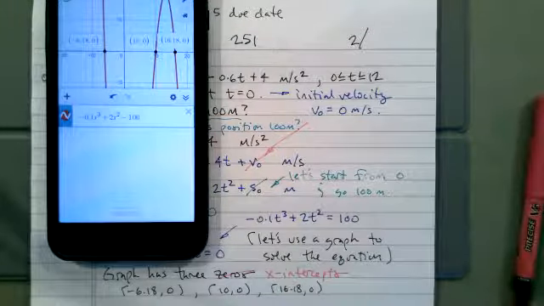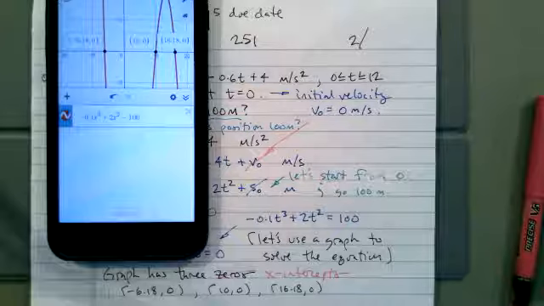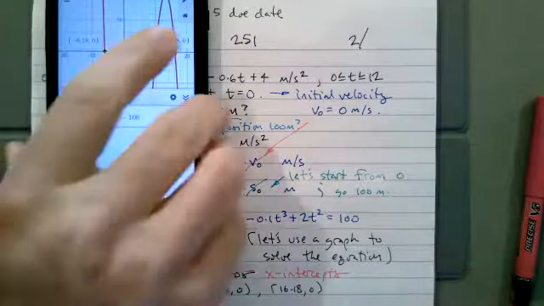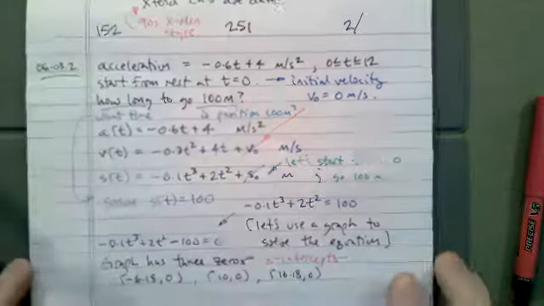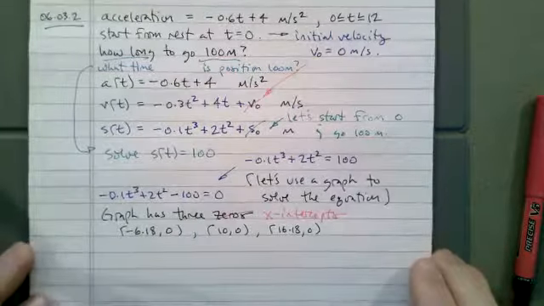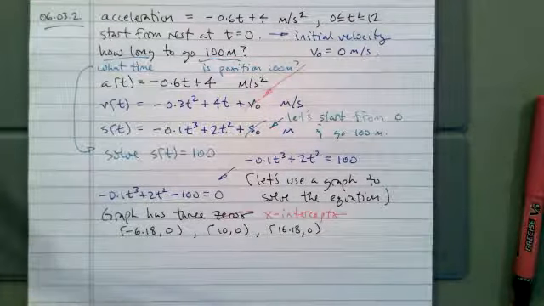This goes along with our X-Man theme. We only care about the ones between 0 and 12. So 10 seconds is the only one between 0 and 12.